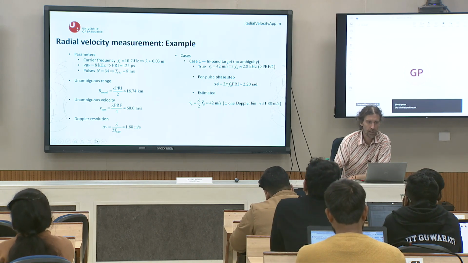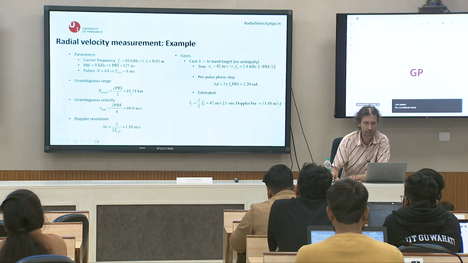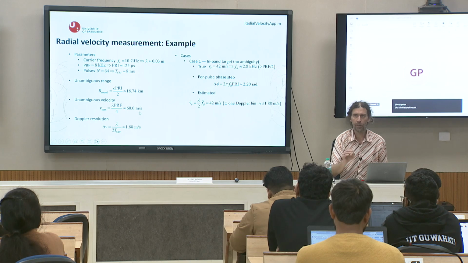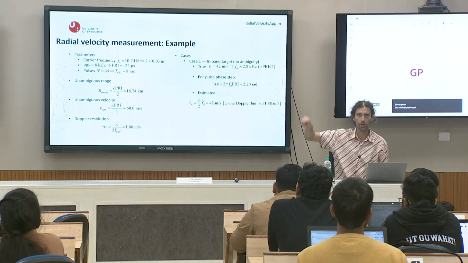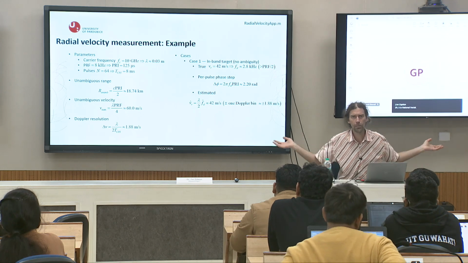So what is the unambiguous range? It is about 19 kilometers. What is the unambiguous velocity for these values? About 60 meters per second. Any speed higher than 60 meters per second will be wrapped into the base range, so it will show me a blind speed.